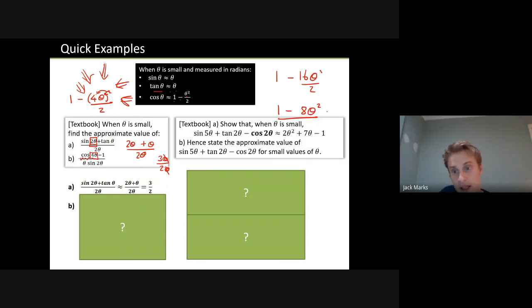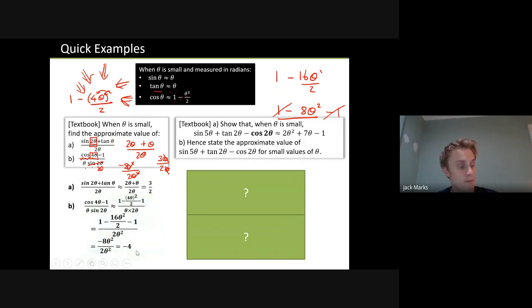Now, take away 1, cancel. And in the denominator, 2 theta is about 2 theta. So all in all, I get minus 8 theta squared over 2 theta squared, which is minus 4, approximately. If you can do that question, you can more or less do this topic, okay?